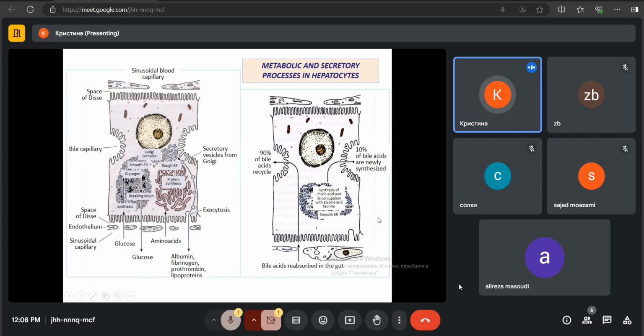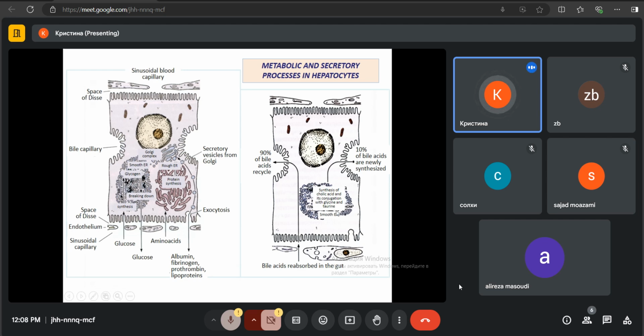Here in the right picture, we have the recycling of the bile acids. Bile acids is one of the components of the bile secreted through the bile capillary by the hepatocyte. And these bile acids are produced also in smooth endoplasmic reticulum.